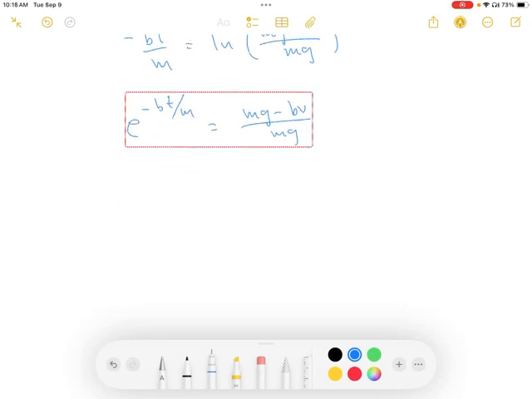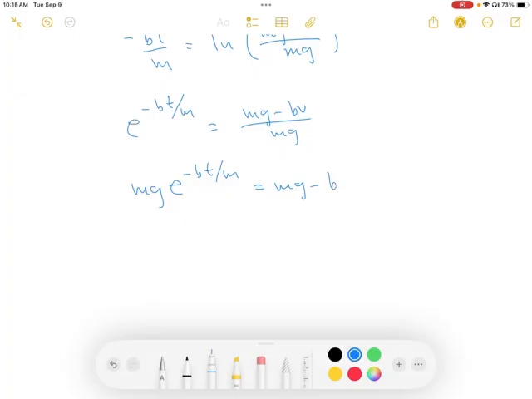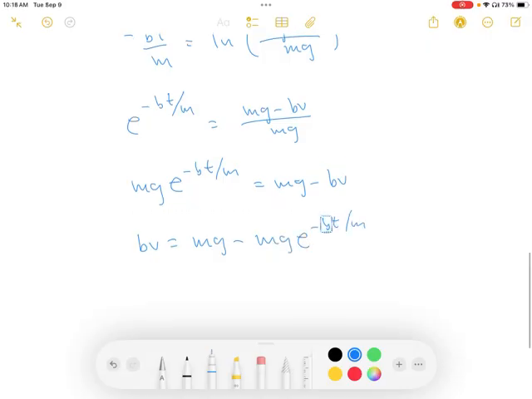Then this becomes mg e to the minus bt over m is equal to mg minus bv, which means that bv is going to be equal to mg minus mg e to the minus bt over m.